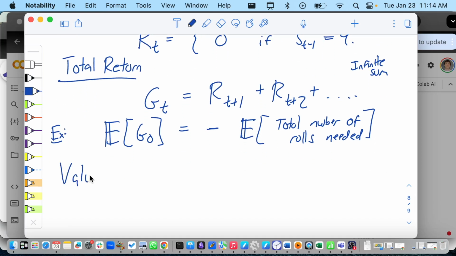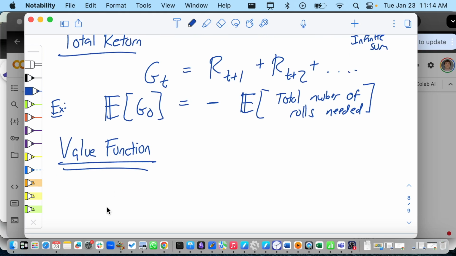So the value function, and this is precisely what chess programs do. Chess programs get a 1 at the end of the game if they win, and a -1 if they lose, and a 0 if they tie. How do they decide what move to make next? They use a value function. What is the value function? It depends on a state.